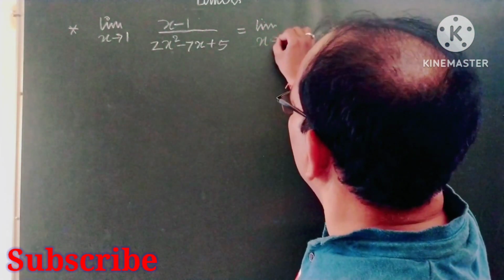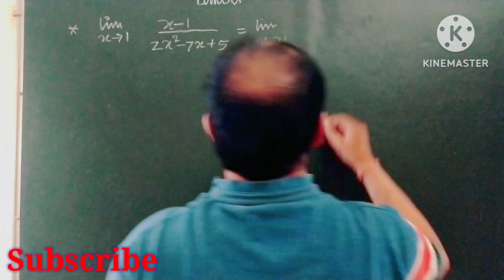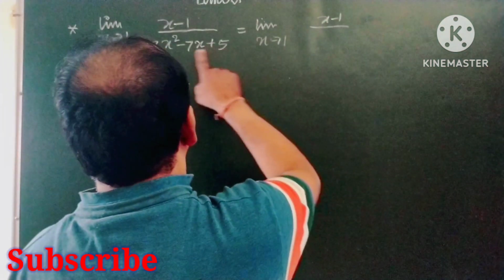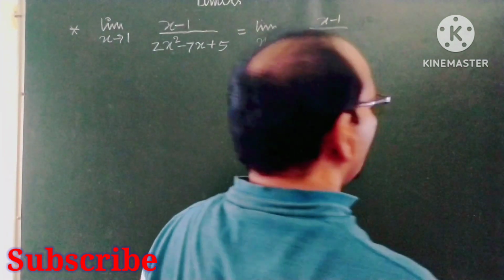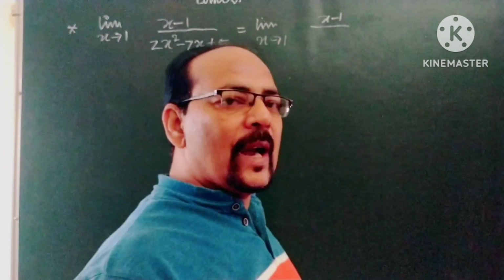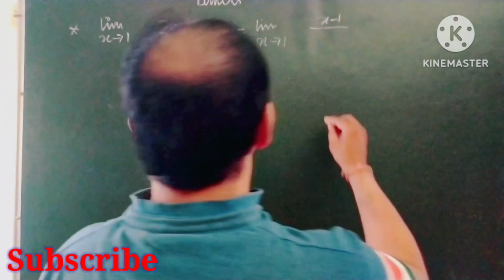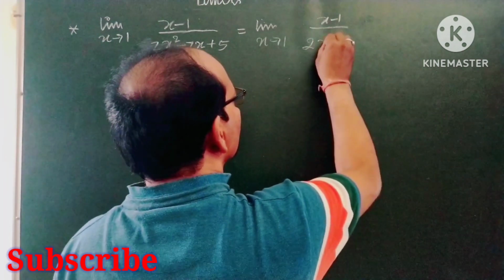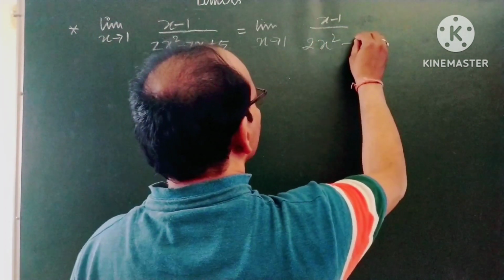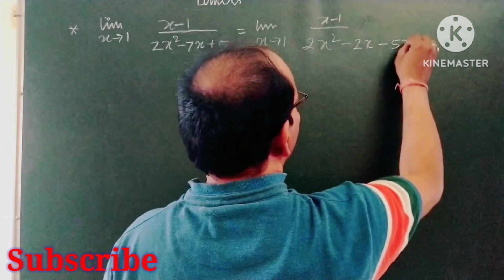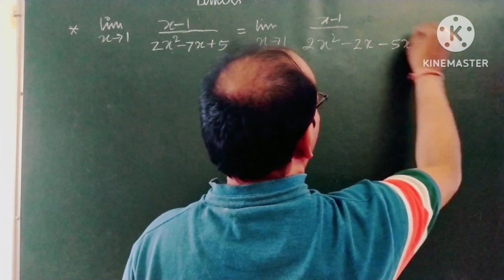Therefore we write limit x tends to 1 of (x minus 1) upon, splitting the middle term: 5 into 2 is 10, and 7 is the sum of 2 and 5, therefore we can write 2x square minus 2x minus 5x plus 5.